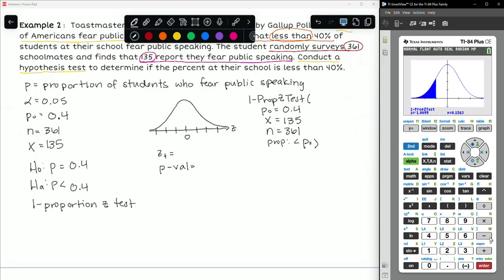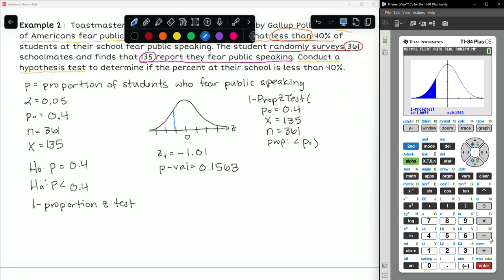So I get a test statistic of negative 1.009, which would round to 1, and a p-value of 0.1563. If I were to mark this in the graph, negative 1 is right here, and I'm just a little bit past that.